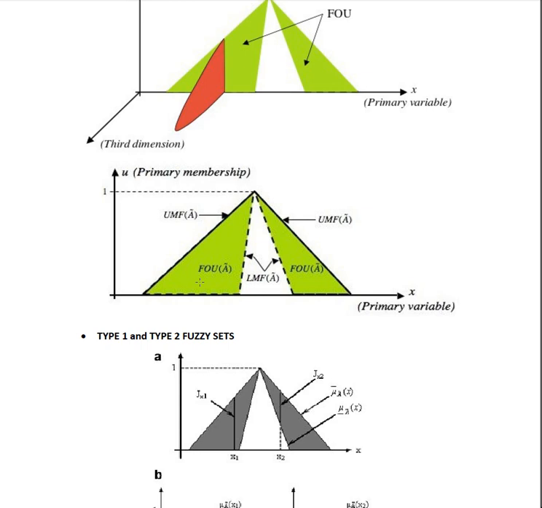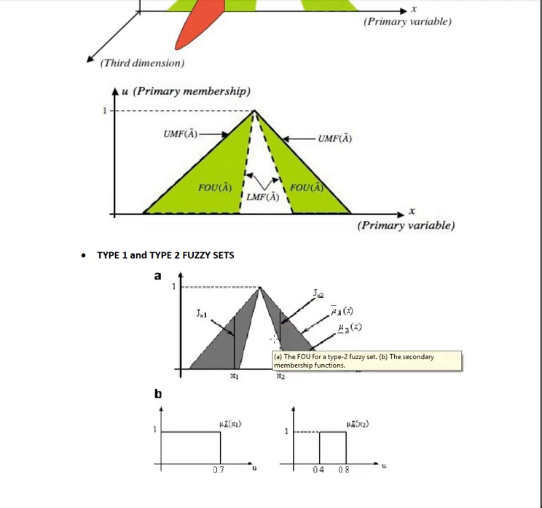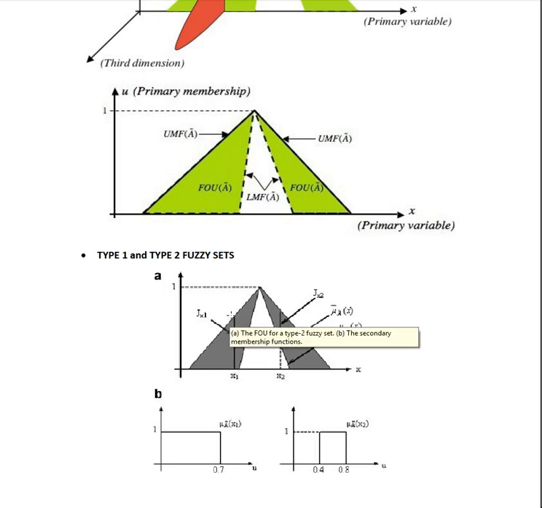Now this type 2 fuzzy set, if you try to see further in the next figure, you can see that if x1 is considered as a crisp set value and drawn vertically, it intersects at a certain point where the membership value is determined by mu I suffix x.